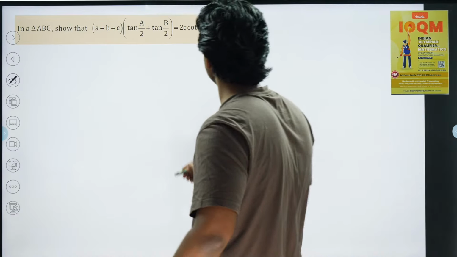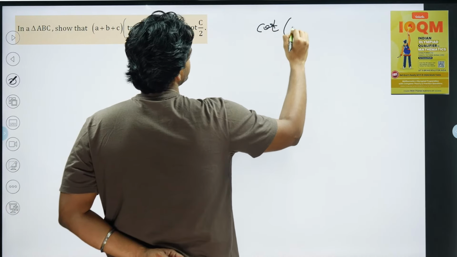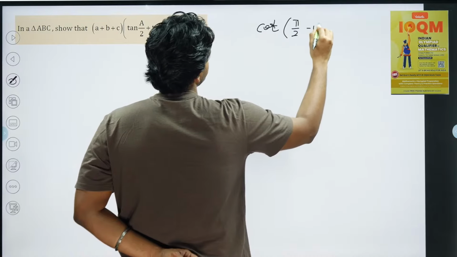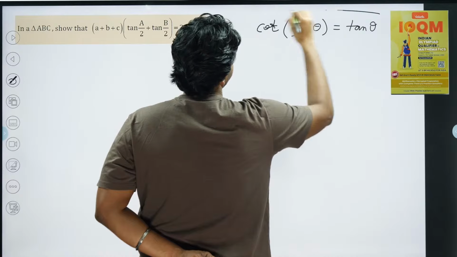Acha, you see, cot(π/2 − θ) is tan θ and vice versa, right?